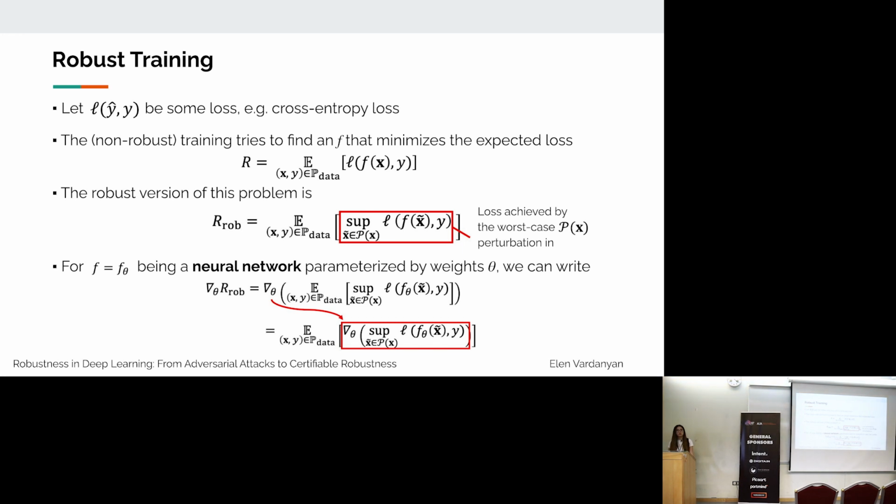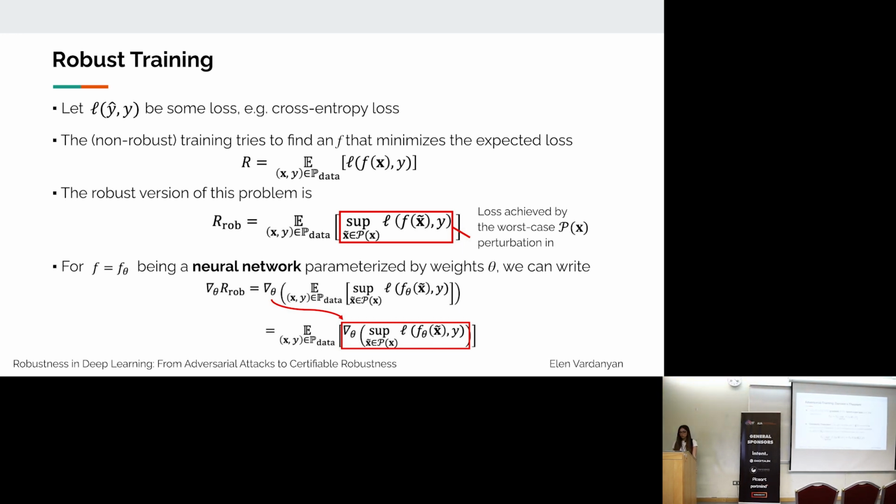So the supremum will give us the worst perturbation evaluated in this loss. And for this f, depending on θ, being this neural network with weights θ, we can see that the gradient of this loss with respect to the weights θ is the one given underneath. But the problem here is that we can't really use the usual gradient descent method, since we don't know how to compute the gradient of the supremum.